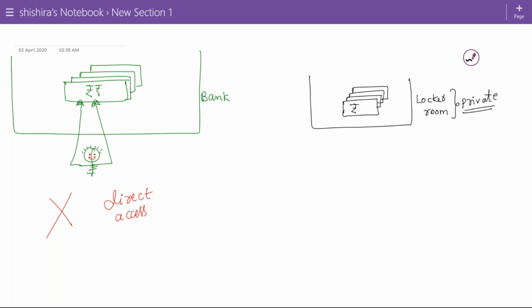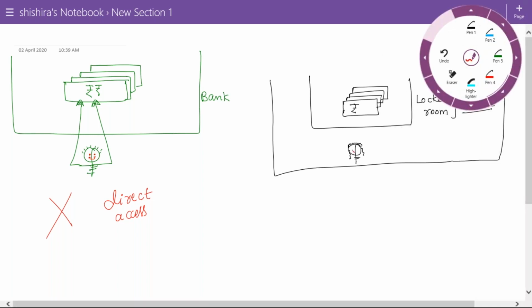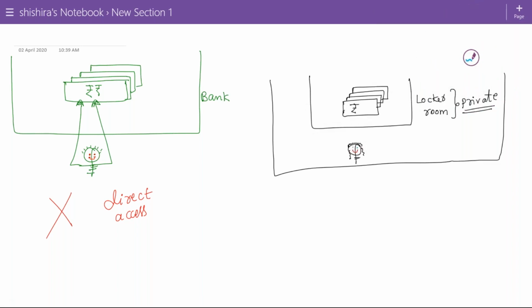Very important, don't forget this word. So in the bank, there is one more layer in between, that is an accountant. There is an accountant who is sitting here.